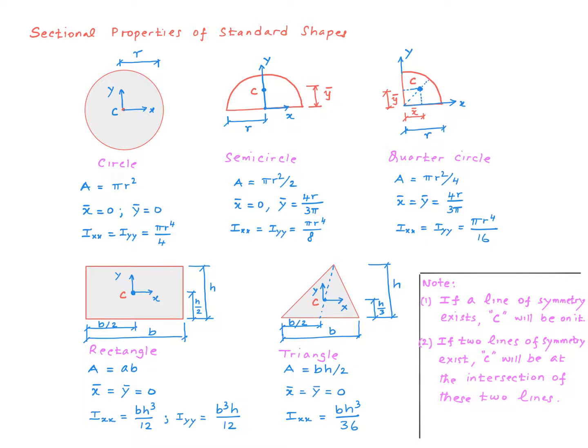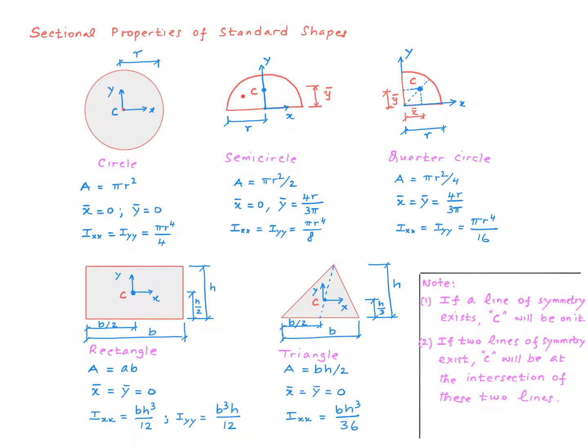If there is a line of symmetry for the section, then the centroid will be on that line of symmetry. If there are two lines of symmetry, then the centroid will be at the intersection of these two lines. So this semicircle and the quarter circle are examples where you have one line of symmetry. For the semicircle, this is the line of symmetry, right?